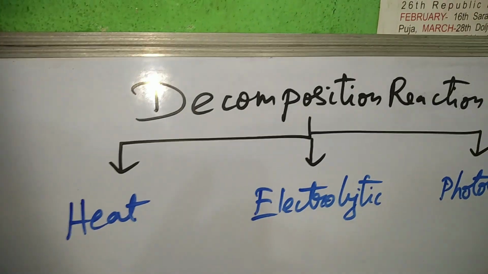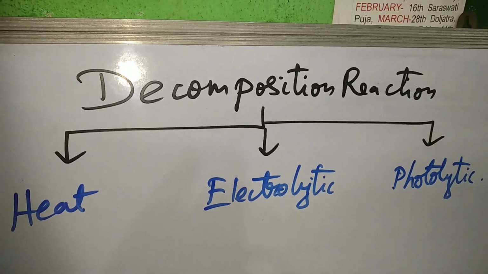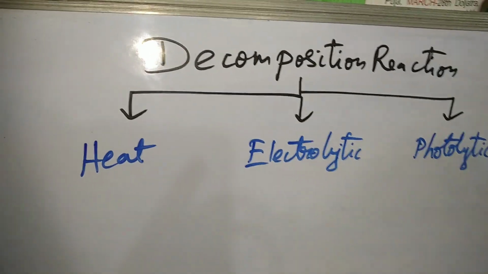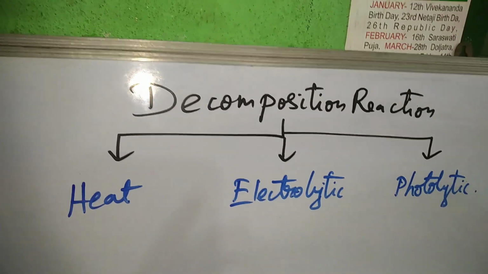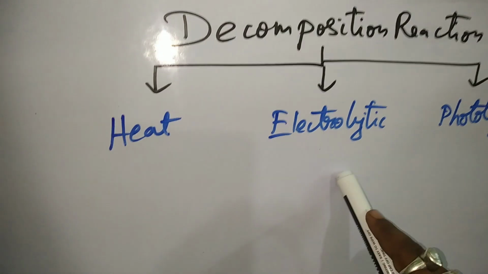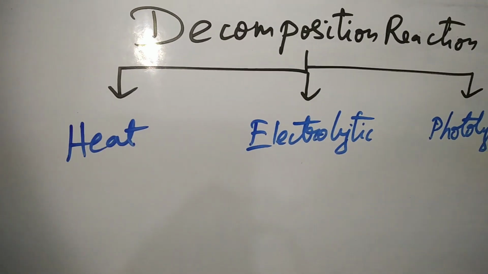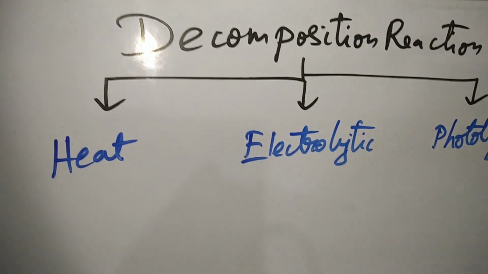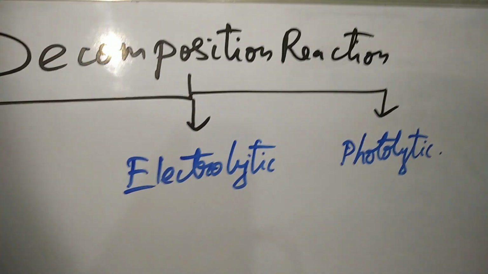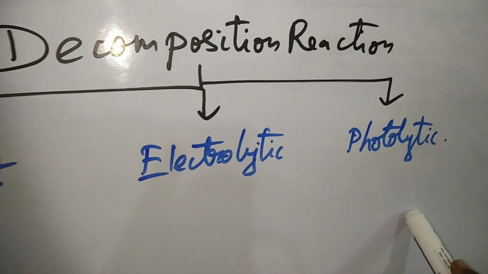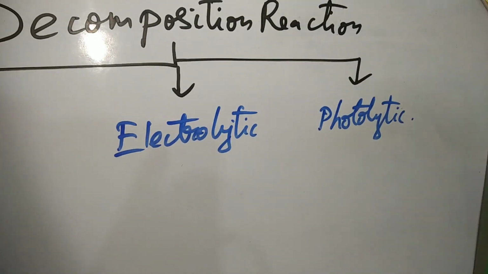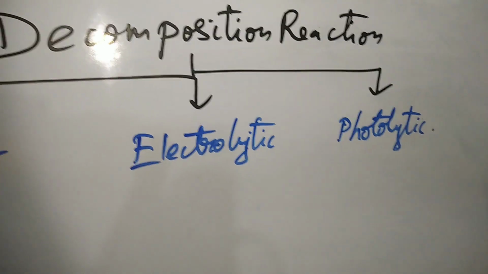Let's see, decomposition reaction can be classified into three types. Heat decomposition reaction means those decomposition reactions which break a compound into two or more compounds by means of heat. Electrolytic decomposition reaction, which breaks down by means of electric current, and photolytic decomposition reaction means the reaction in which a compound breaks into two or more compounds or elements, by means of light.